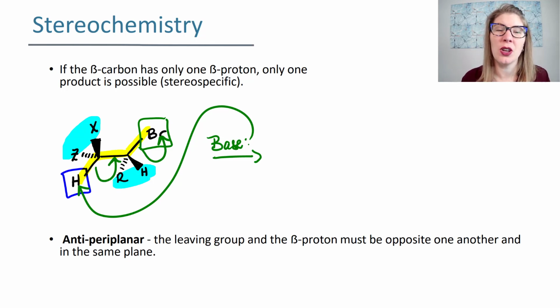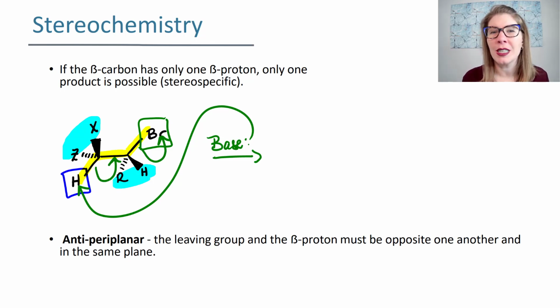This requirement is called antiperiplanar. You might see some people call it anticoplanar, and that's fine. The anti means that the bromine and the beta proton, and the bromine needs to be the leaving group. It doesn't always have to be a bromine. So the leaving group and the beta proton need to be opposite one another.